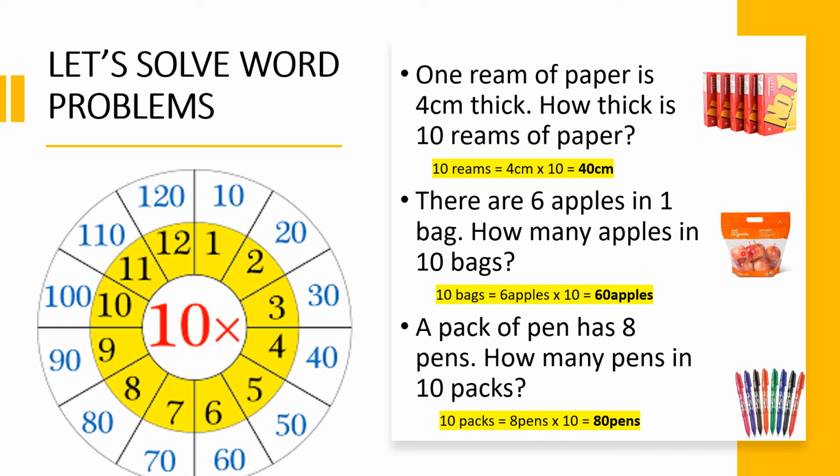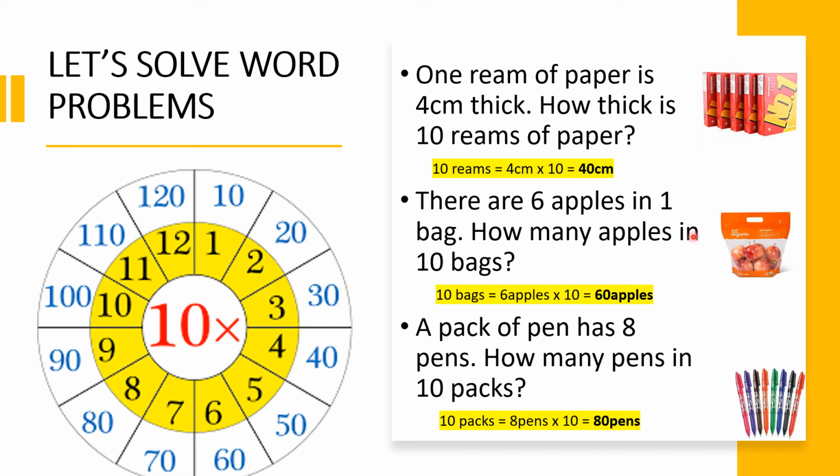But if I don't want to go on ahead to keep adding 6 plus 6 plus 6 plus 6 in 10 places, I can simply say 6 multiplied by 10. And that gives me 60 apples in 10 bags altogether. I hope you understand that, students.